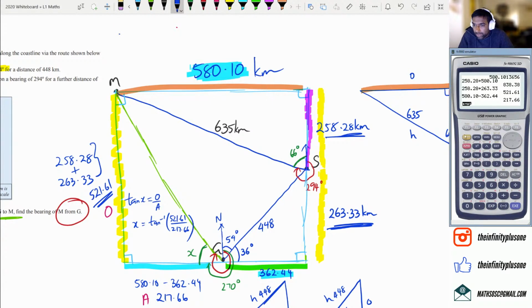When we do that, shift tan of 521.61 divided by 217.66, we get an angle of 67.34 for X.